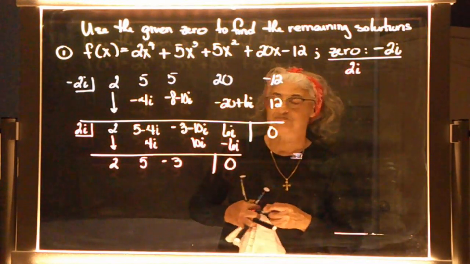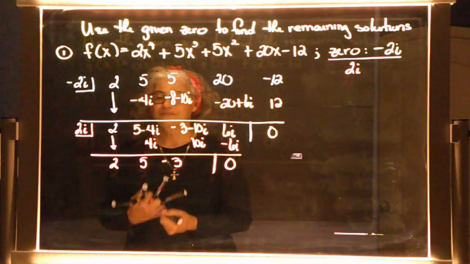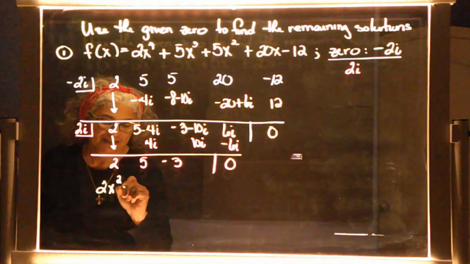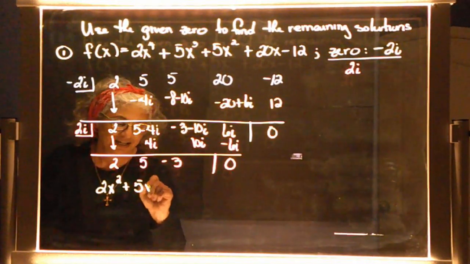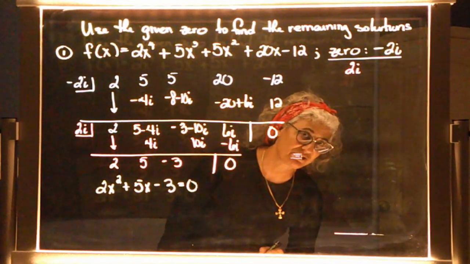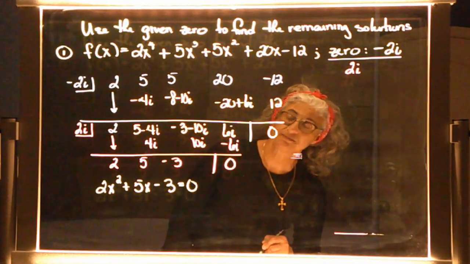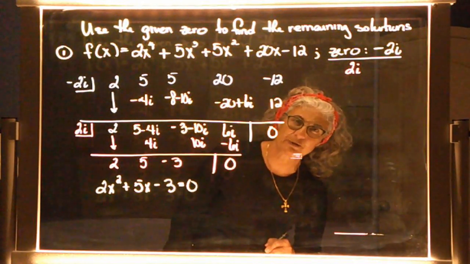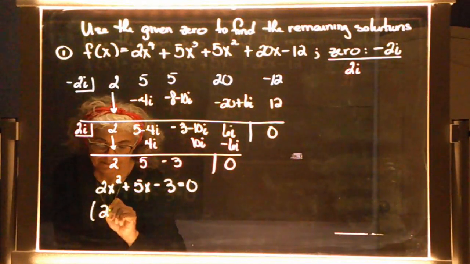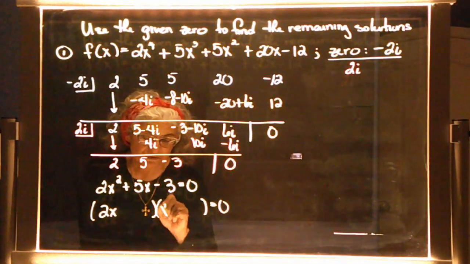So question, what degree is this polynomial? Yep, that polynomial is a second degree polynomial. So now I am trying to solve a second degree polynomial to find my last two answers. So some of you may use the quadratic formula. I think this thing will factor, so I'm going to factor it. Follow along. And I'm doing my factoring a little bit different than how some of you guys learned.